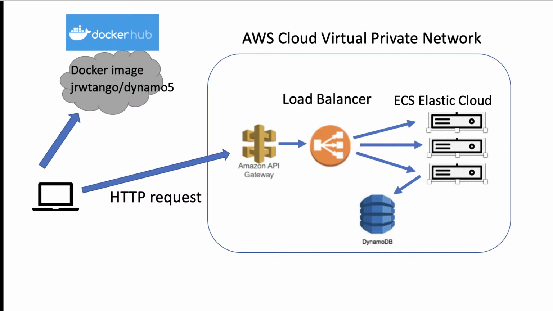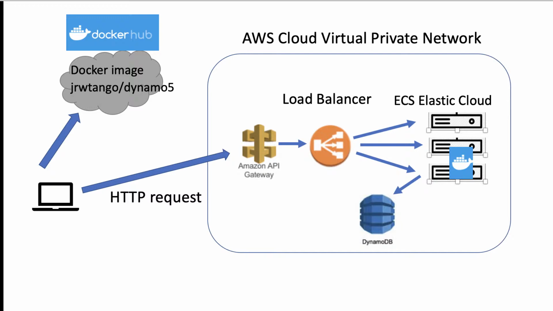And as before, from our machine, we're going to load the Docker image into Docker Hub. And then we're going to move the image onto an elastic cloud that we're going to set up, and we're going to provide a gateway to our virtual private cloud.